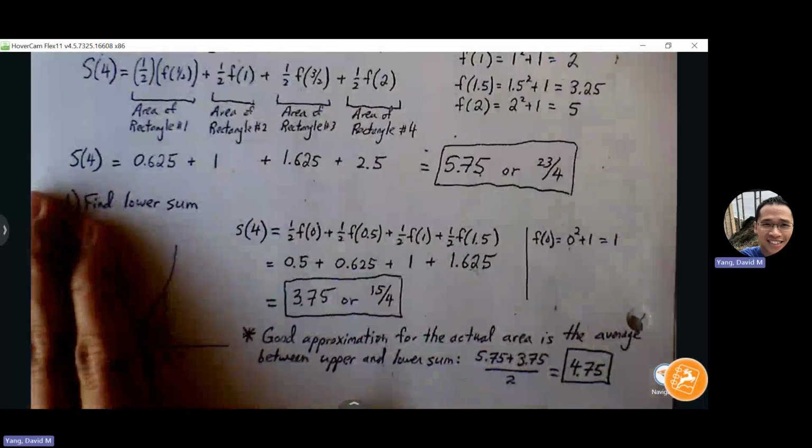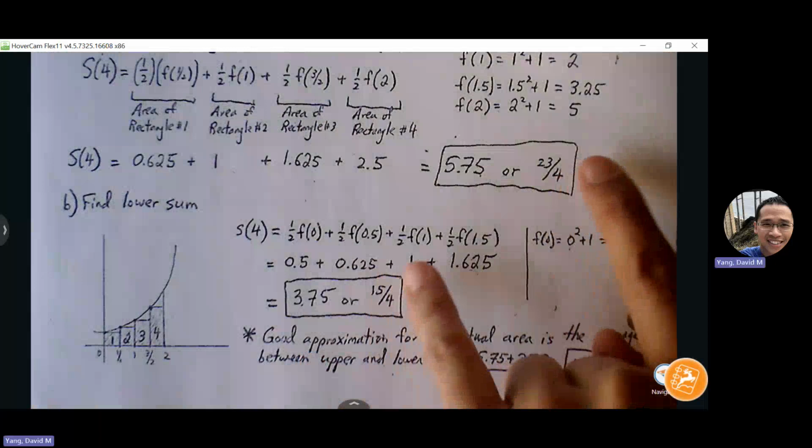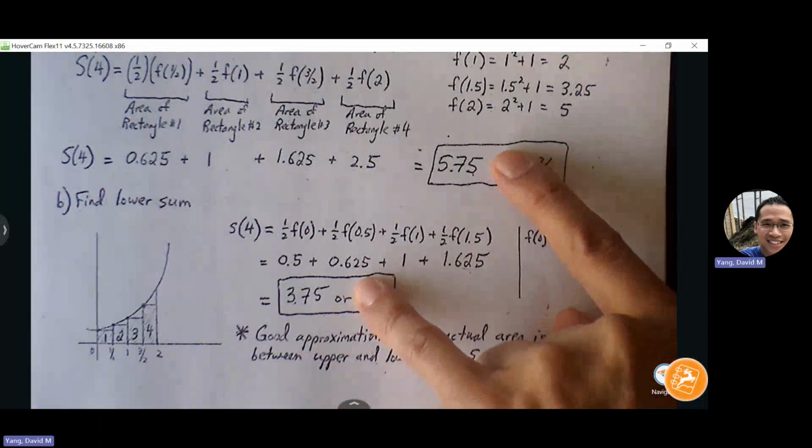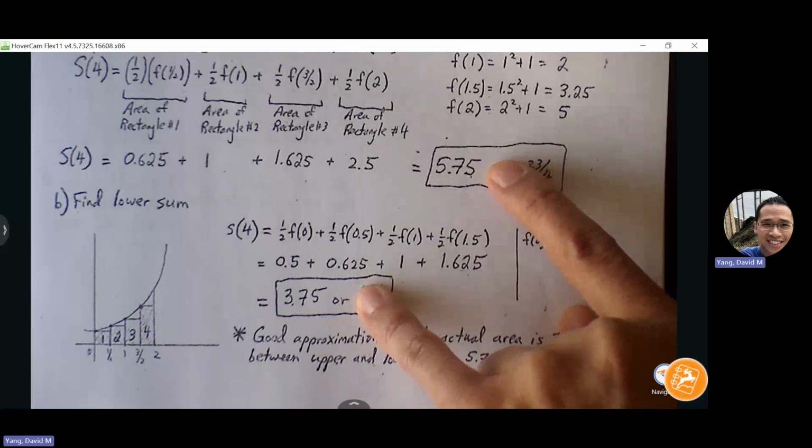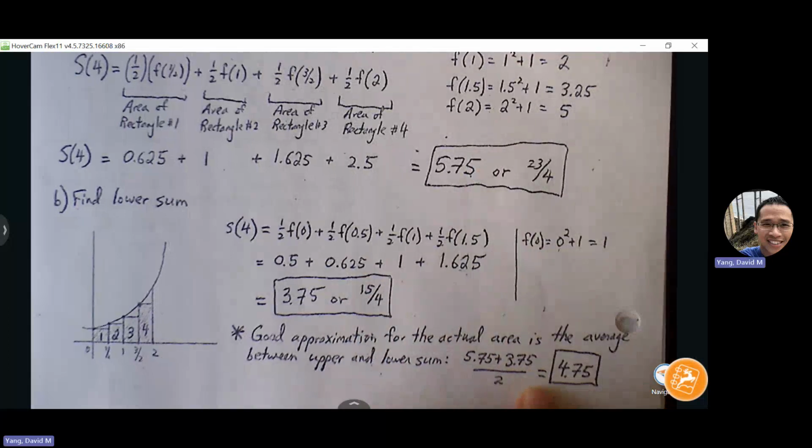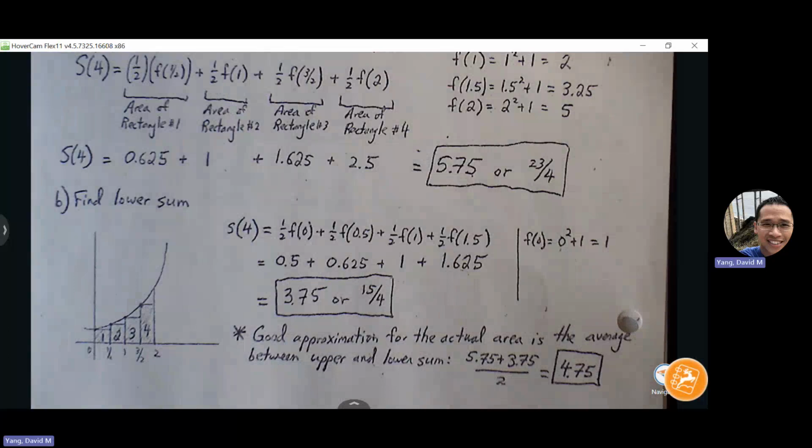Now, some students have asked, well, can I just find the average of these two and that will be the exact area? Now, if I find the average of these two, I will get a better approximation, but it's not anything that we're ever going to have to use. Well, first of all, it's still an approximation. The area is not going to be exactly between the upper and lower sum.